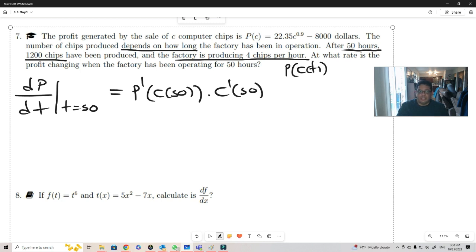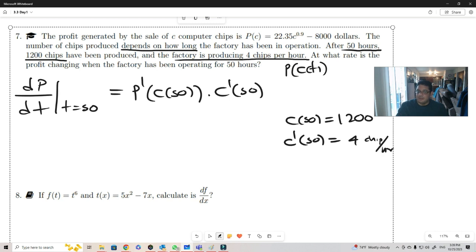Now we don't really know how C in general behaves. We don't know the information of C of t in general, but we do know C at 50, or sorry, the amount of chips that we have at 50 hours, which is the 1200. And we also have information on the rate of change for the number of chips being produced per hour. That's the function C prime of 50, which is pretty much 4 chips per hour.